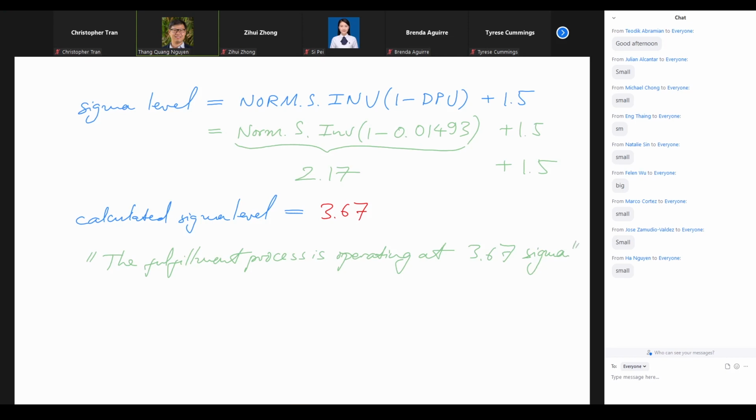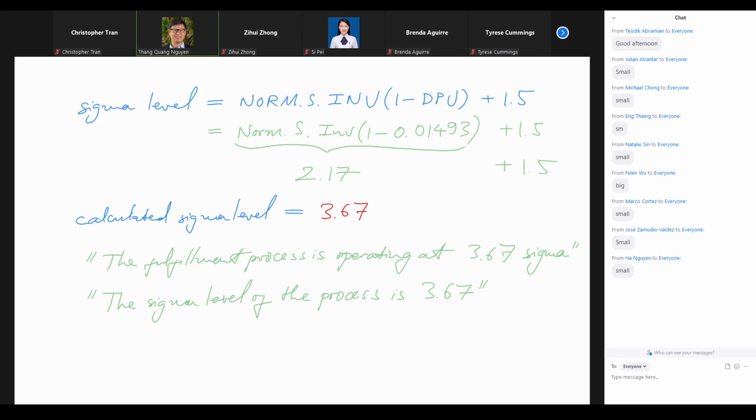Or you can say it in a more direct way: the sigma of the process, or the sigma level of the process, is 3.67, right? The higher is better.